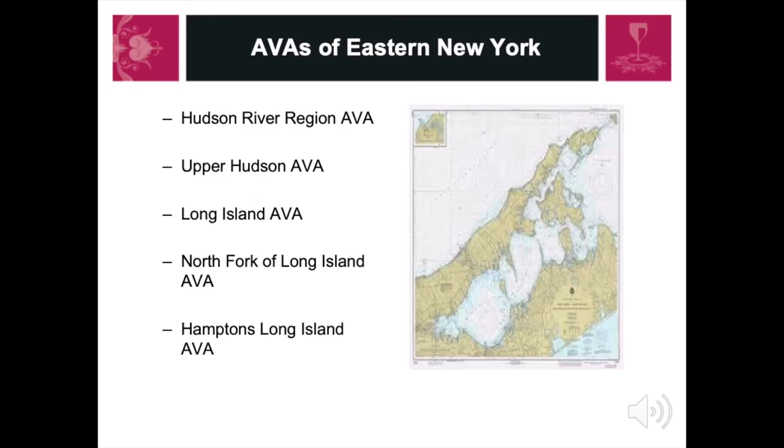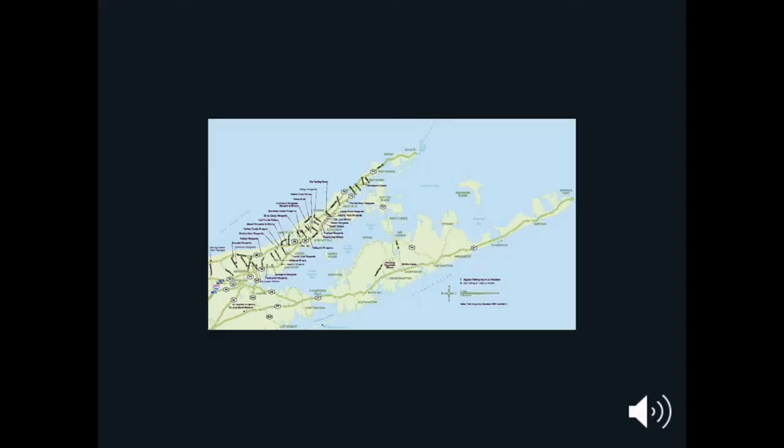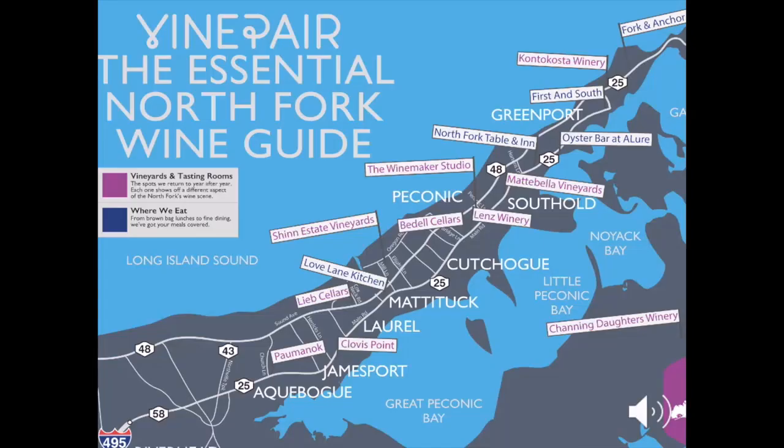I'll show you another map here. Here's just a fun, simple map you can see maybe more closely on your own monitors. And here's another map from VinePair that I just think is fun because it has some of the major player wineries as well as some of the restaurants and things like that on the North Fork.